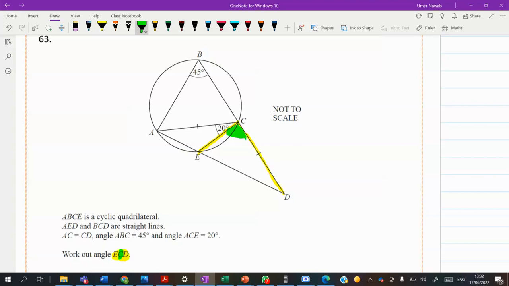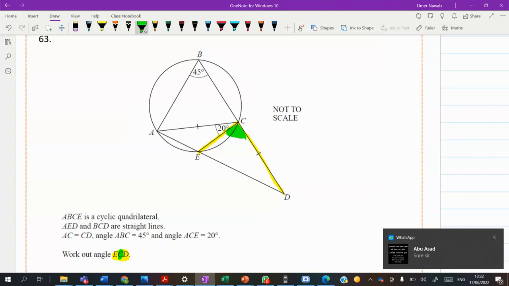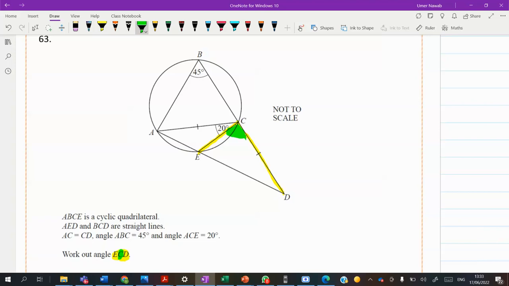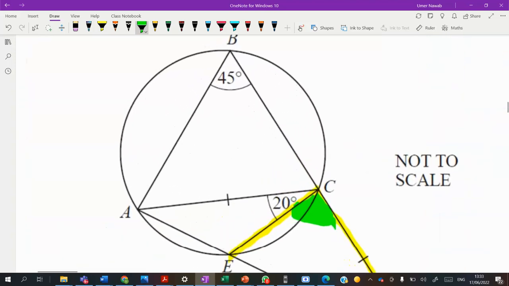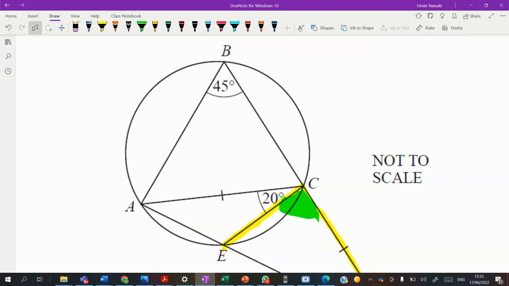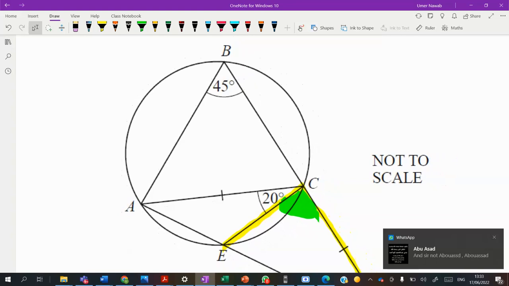At first, I will prefer that students will try to use the property which has not been used by me within this discussion. What is that? Look into the circle, and there is a quadrilateral.